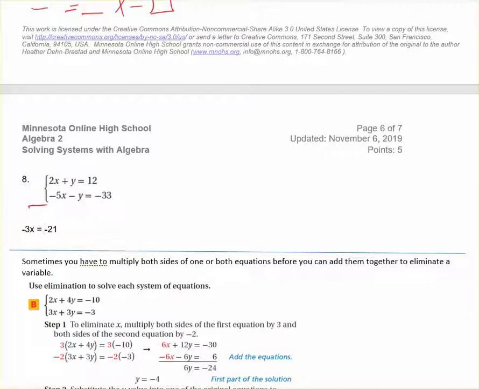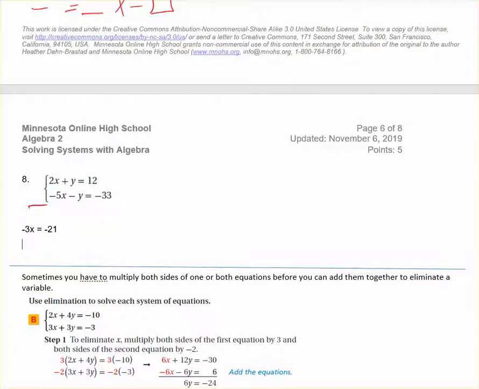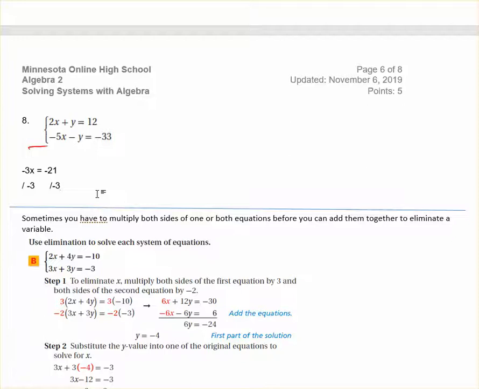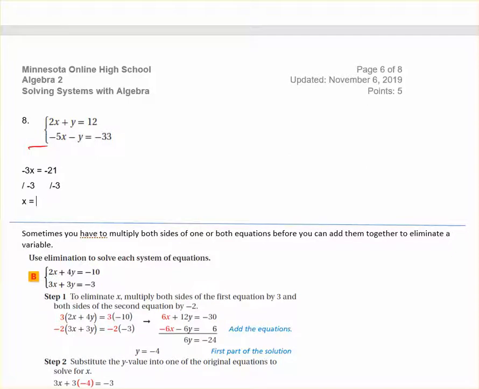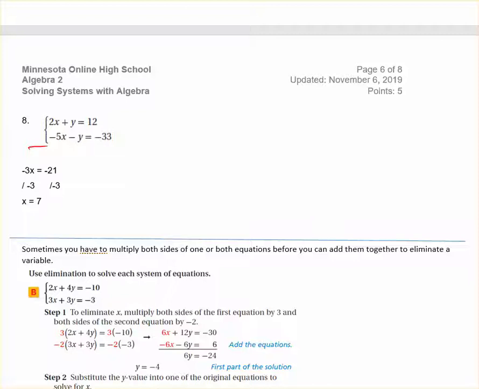Once you have that much, then you know that the next step you need to do is solve for x. So you could divide both sides by negative 3, and then you'll know what x is equal to. In this case, x would be equal to 7. And then again, once you know what x is equal to, you still have to find y. So you pick one of your original equations. It doesn't really matter which one.